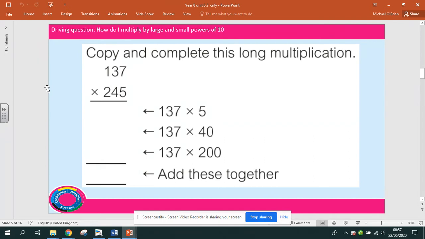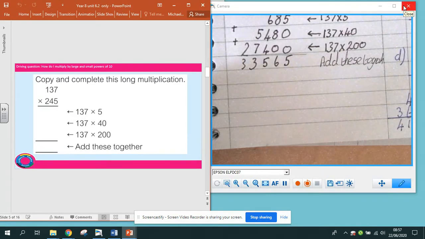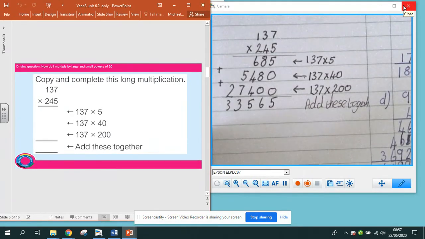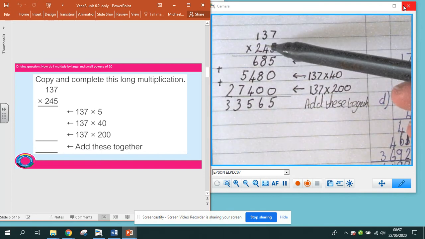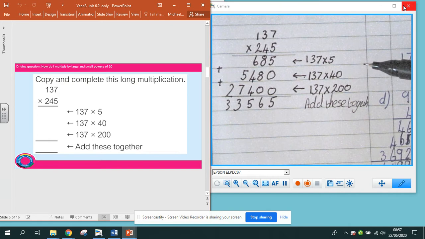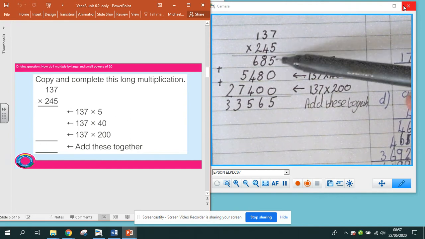So you don't need to do anything whilst I'm talking my way through this one, but I am going to put this on the smaller board. Okay, so we have got 137 multiplied by 245. The first thing I'm going to do, as it says on the sheet, is I'm going to multiply 137 by 5.